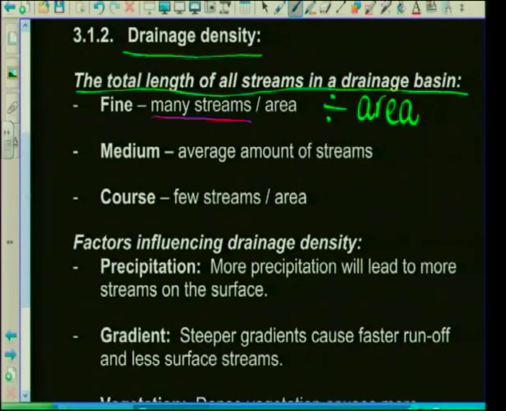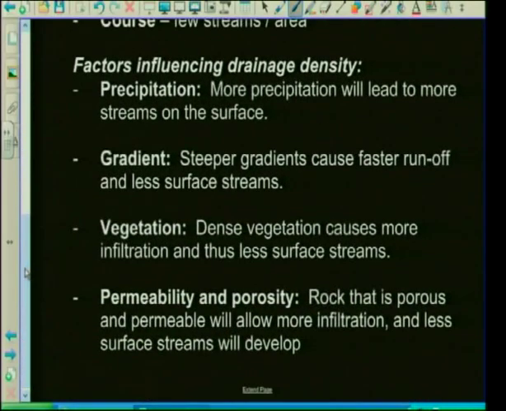Now our factors that influence our drainage density are very similar to our factors that influence infiltration and runoff, because with drainage density we are looking at how much water is found on the surface of the earth at any one time, and that's going to be impacted by how much water will infiltrate or how much water is going to run across the Earth's surface.